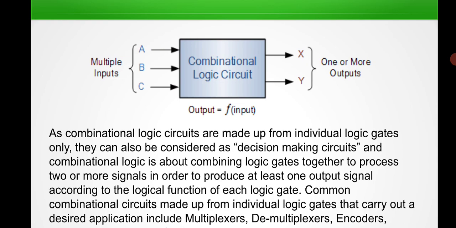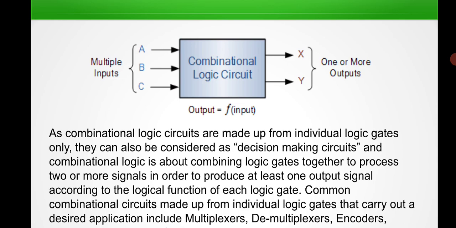In this image you will have x and y, but based on the type of input you give, the functions you create, or the combinational logic circuits in that chipset or black box, it may be anything. Based on the input, after performing some operations, you are going to get one or more outputs.